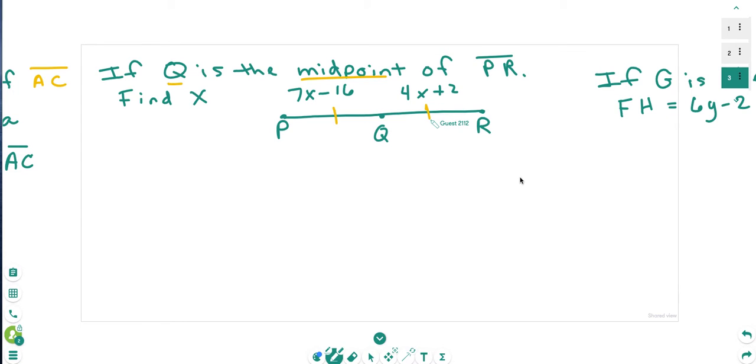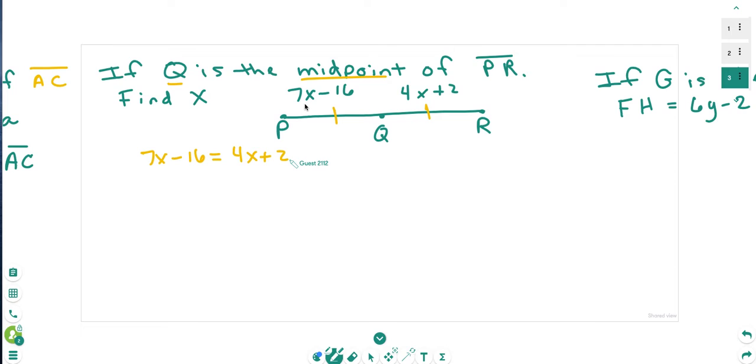So we're going to set up that equation. A hint here: look at your X values. Whichever X value is larger, start with that side. So we're going to have 7X minus 16 is equal to 4X plus 2.